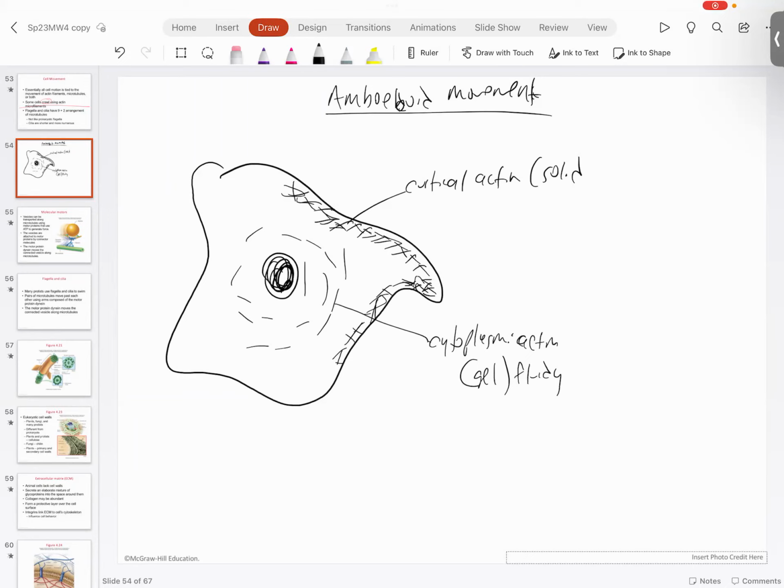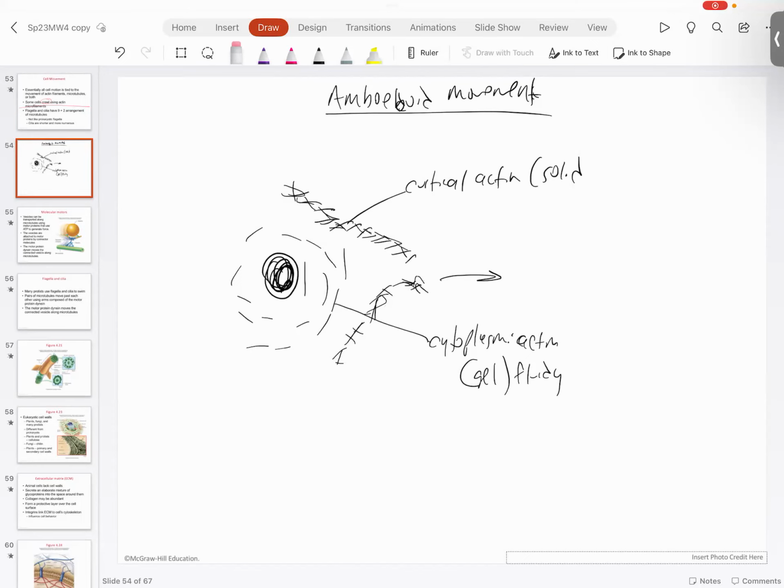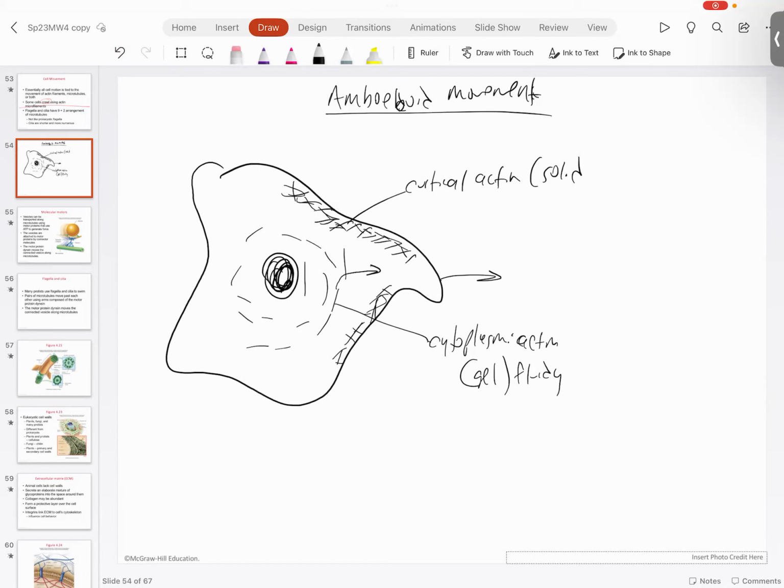So the way that amoeboid movement works is if the amoeba wants to move, it kind of moves by oozing. Let's say, for instance, it wanted to take this little fleshy foot and move it in that direction. What it would do is break down cortical actin and then expose a piece of the membrane. And then it would push the fluid actin against this membrane.